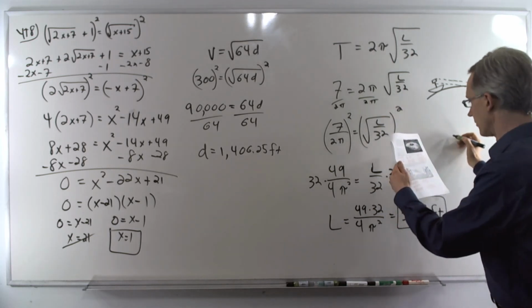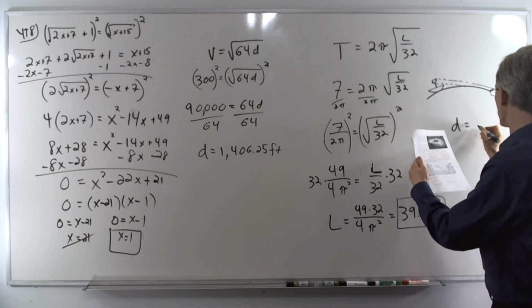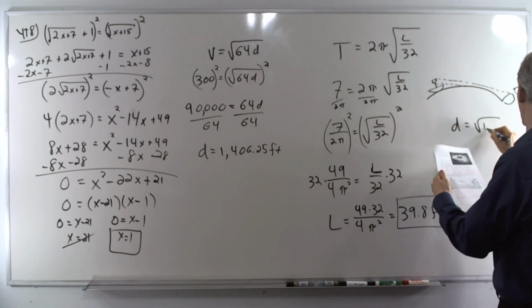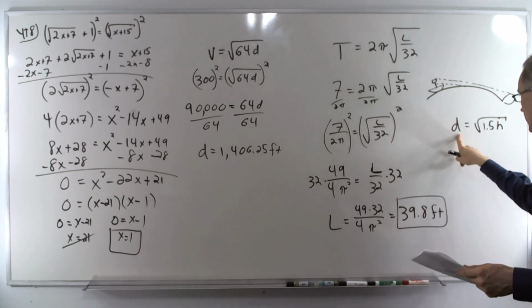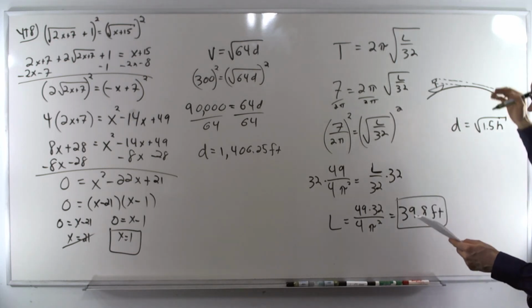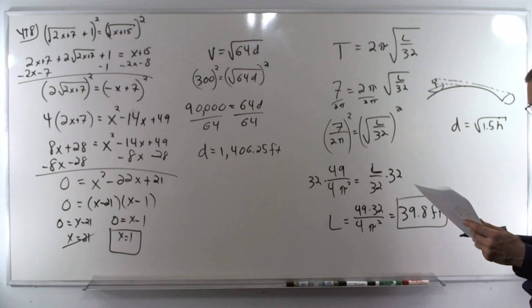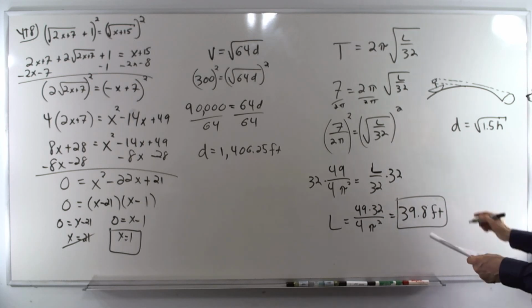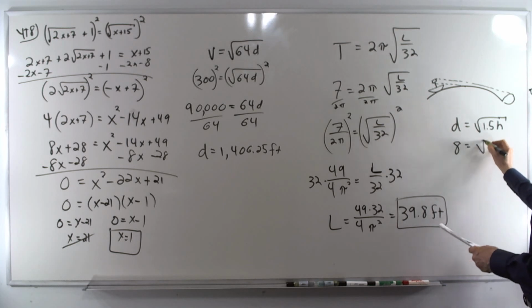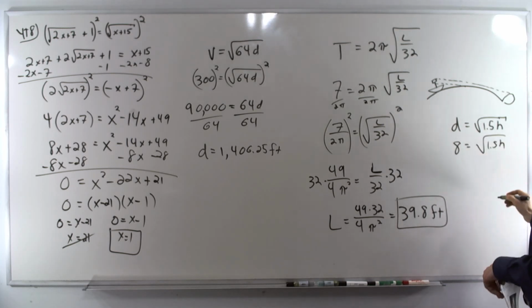We've got an equation D equals the square root of 1.5h, where D is the distance you can see in miles, and h is the height above the ocean measured in feet. We want to see 8 miles away, so we plug in 8 here. We get 8 equals the square root of 1.5h.